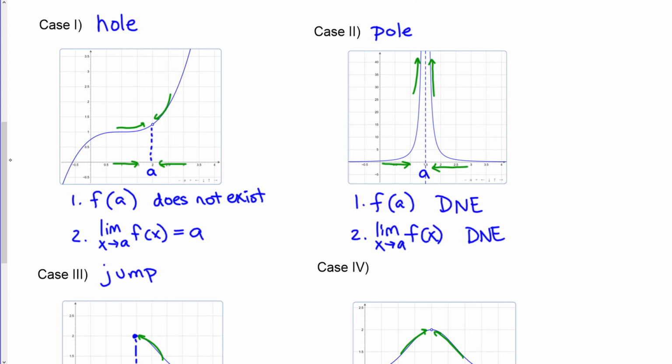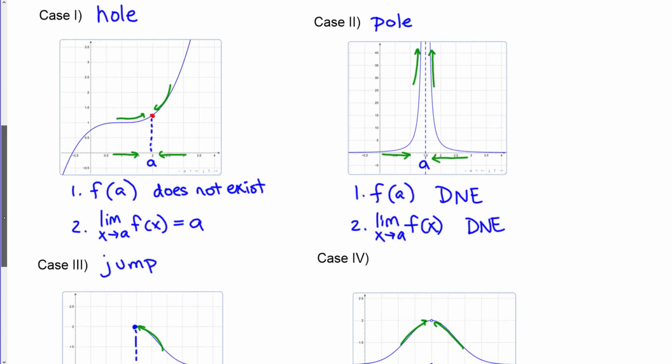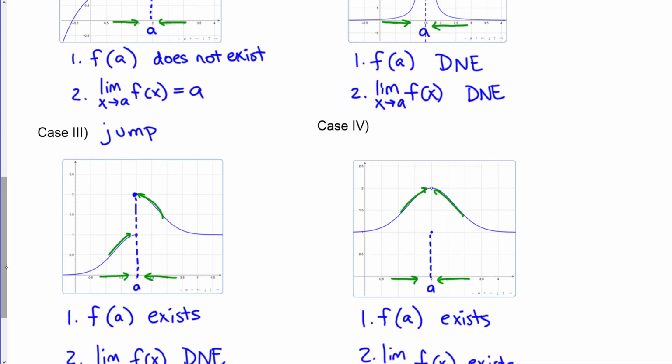So in cases 1 and 4, we can call those removable discontinuities. And the reason that they're called removable discontinuities is because there is a single point that we could put into the function that would make this a continuous curve. So if we put that single point in these two cases, it would now be a continuous curve. So we removed the discontinuity.